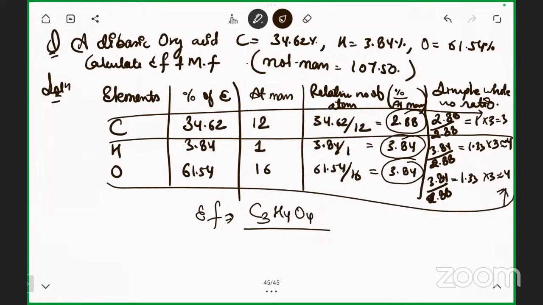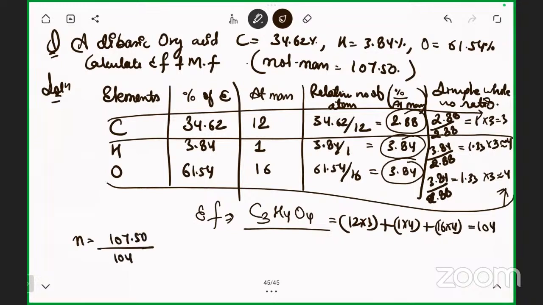Now just calculate the mass of this: 12 into 3 plus 1 into 4 plus oxygen 16 into 4. It will be around 104. So this is the empirical formula mass. Now calculate the value of n. How do you calculate n? It is 107.50 divided by 104.